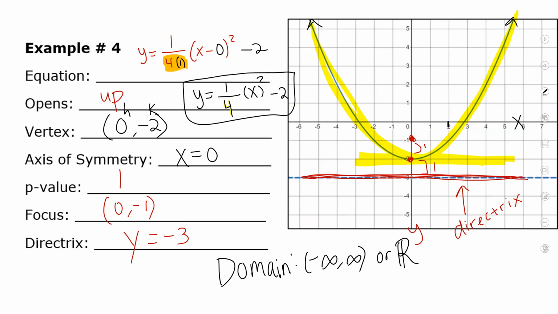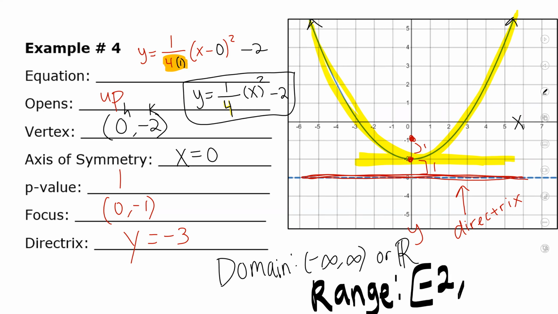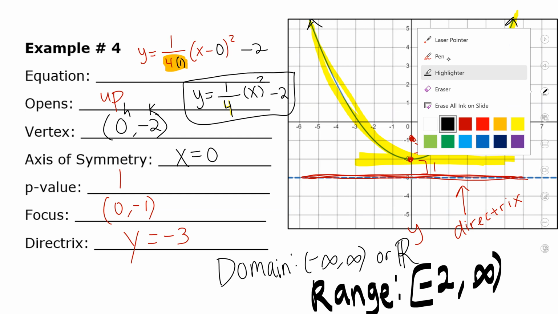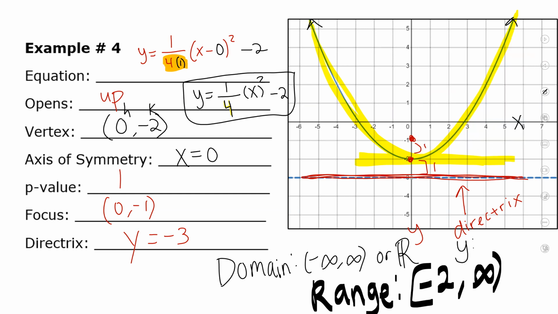So my range, the range is negative 2, and it goes up to infinity. So that's the range for this one. You could also write the range as all the y values are greater than or equal to negative 2. This whole parabola is above negative 2. Everything's above negative 2. So that's how you can write the range.